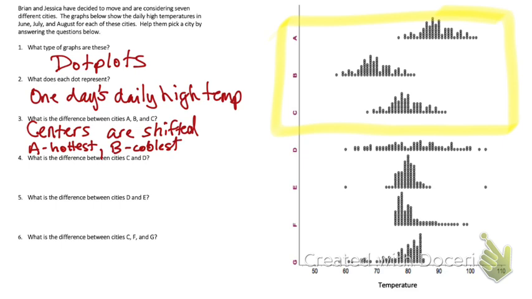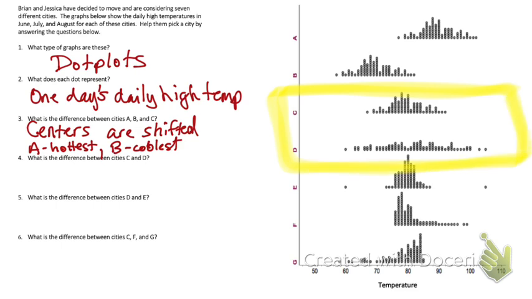Now we're going to look at graph C versus graph D. The centers are actually the same for those two graphs. They're centered around the same value of about 80, but what is different? The range is different, absolutely.